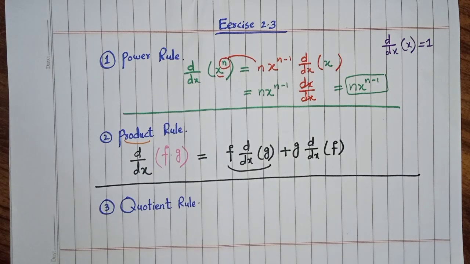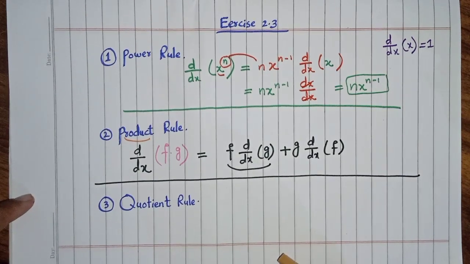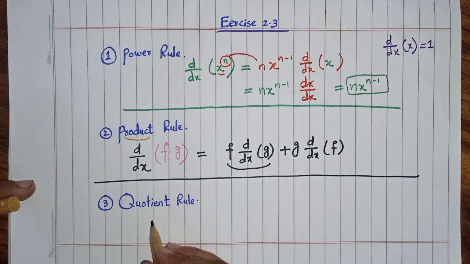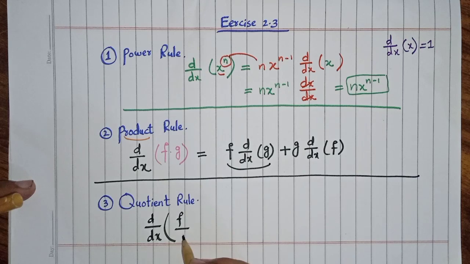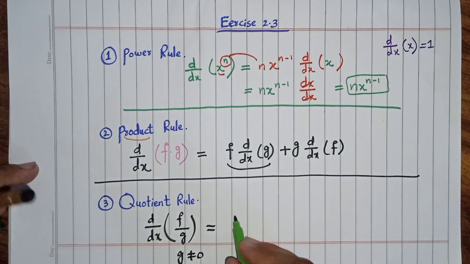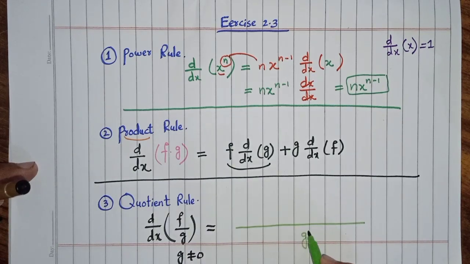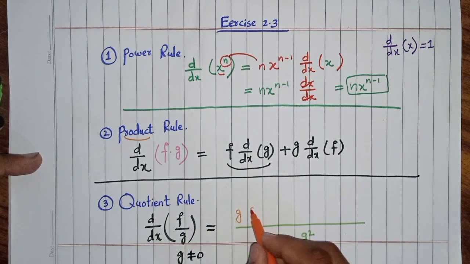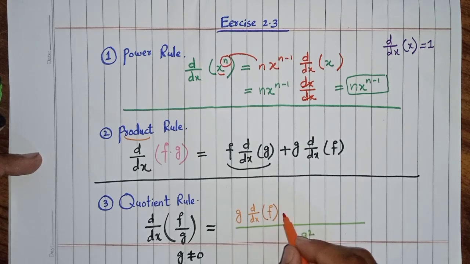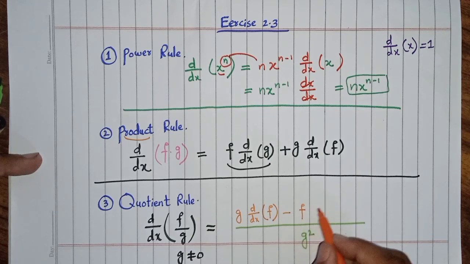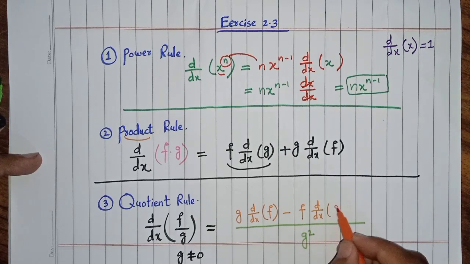After that there is quotient rule. The meaning of quotient is divide. If two functions are in the form of divide, f divided by g, where g will not be equal to 0, then this will be equal to g squared in the denominator, and in the numerator we simply write g as it is times the derivative of f function, minus f as it is times the derivative of g function.